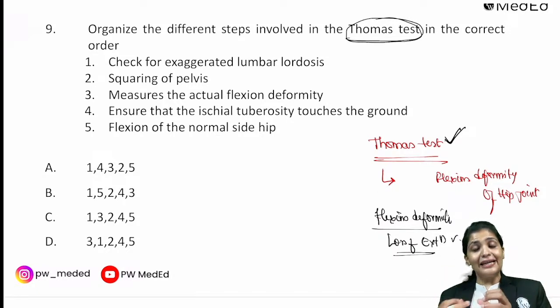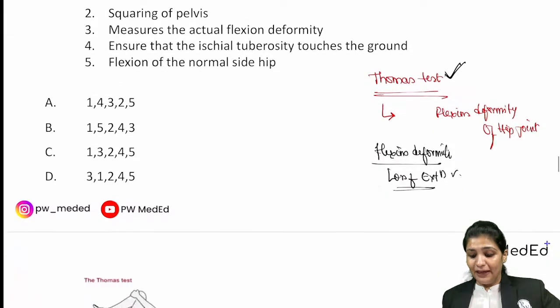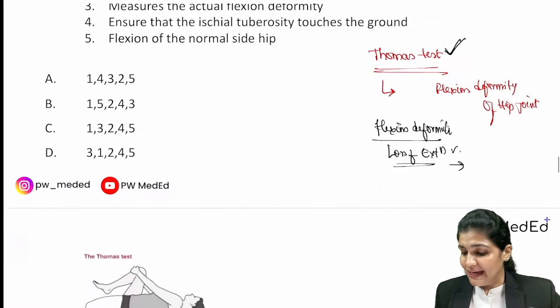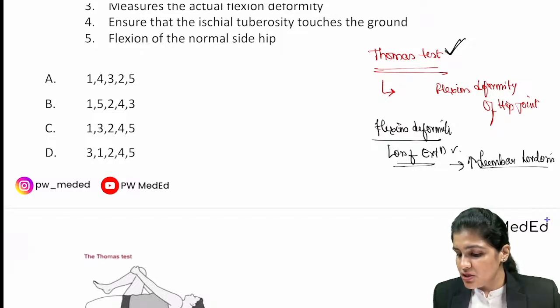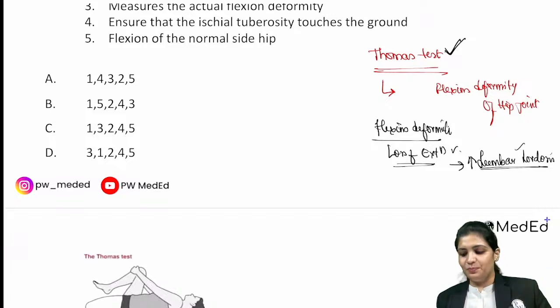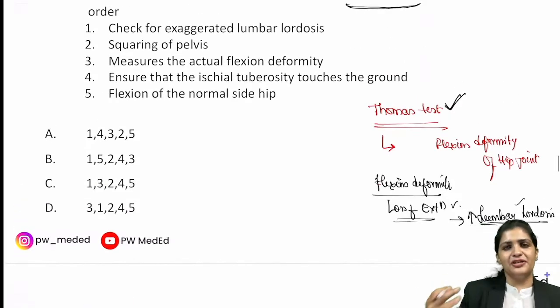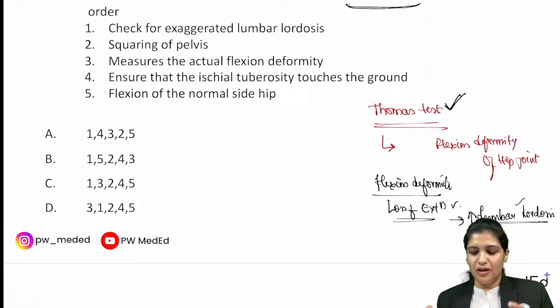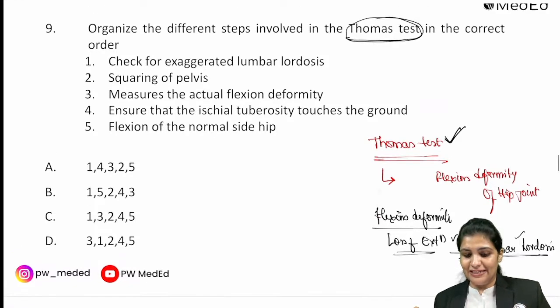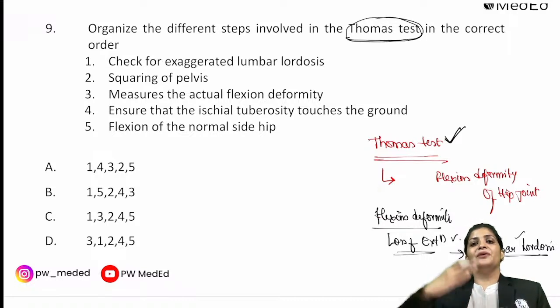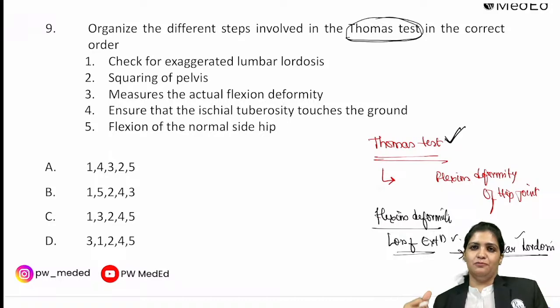To compensate for it, the spine will produce excessive lumbar lordosis, so it will increase its lordosis, and based upon this the patient is able to manage his hip joint. So in the Thomas test we first try to correct the lordosis so that we can see the flexion deformity in the hip joint.